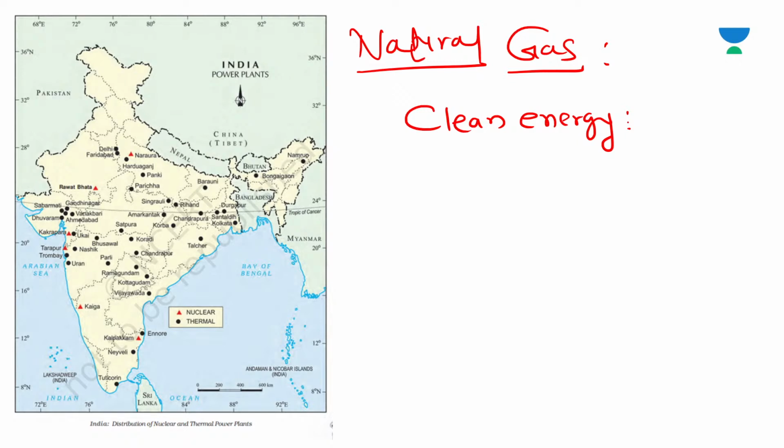Now, large reserves of natural gas have been discovered in the Krishna Godavari basin. Along the west coast, the reserves of the Mumbai High and allied fields are supplemented by finds in the Gulf of Cambay.